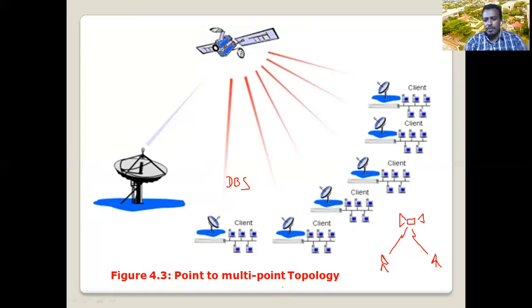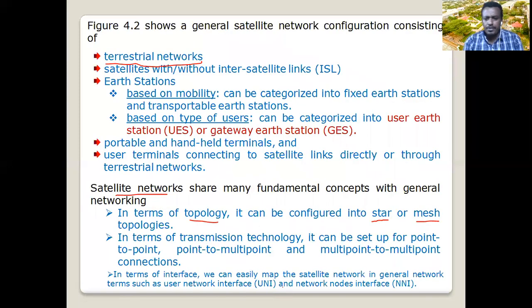In some cases, multi-point with multi-point configuration. So this is our transmission, just like general networking. You can configure the transmission into point to point, point to multi-point, and multi-point to multi-point.